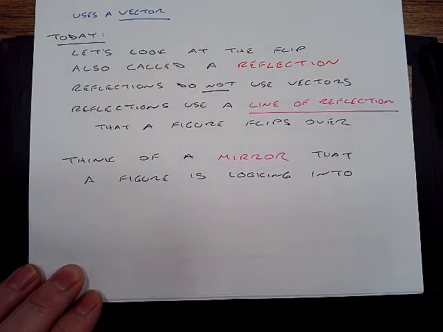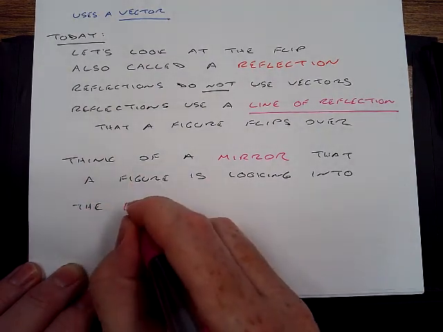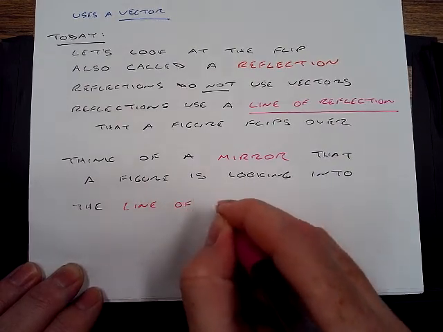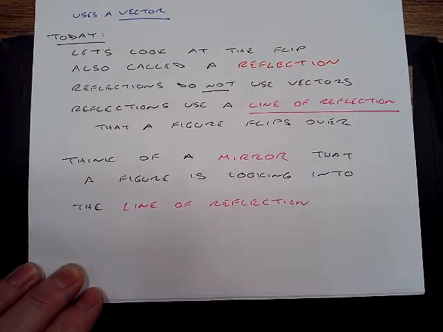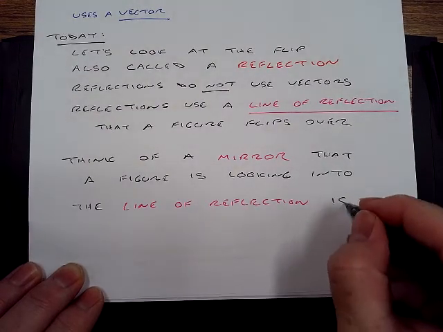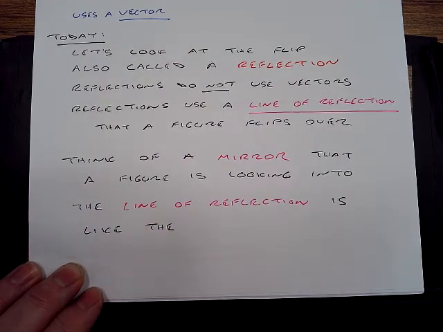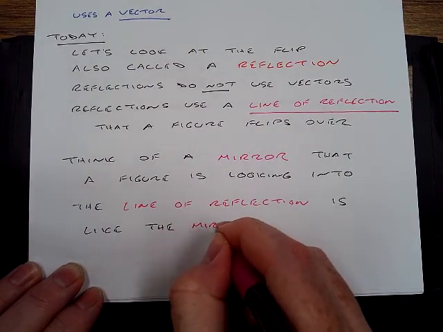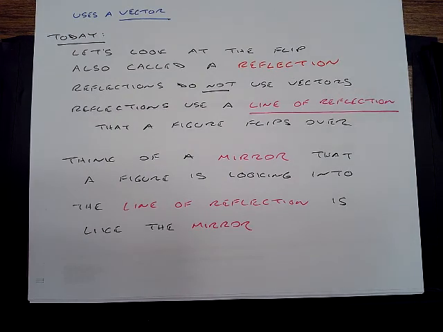So today we're going to pretend that our figures, that our shapes are looking in mirrors. The line of reflection is like the mirror. So what you have is you have something looking in the mirror and something looking back. And in the middle is the mirror.